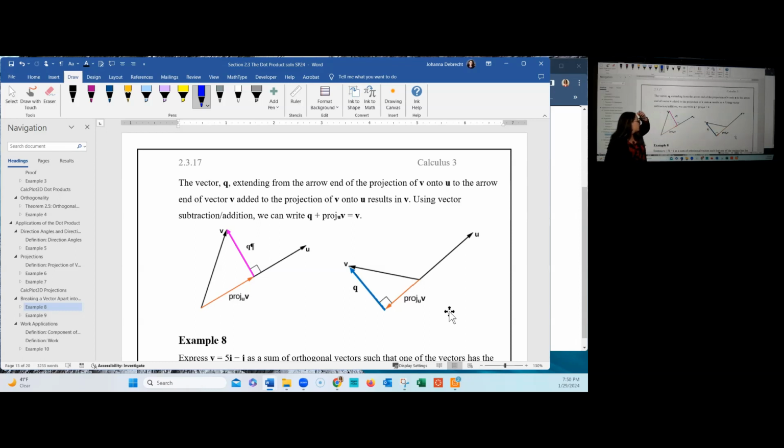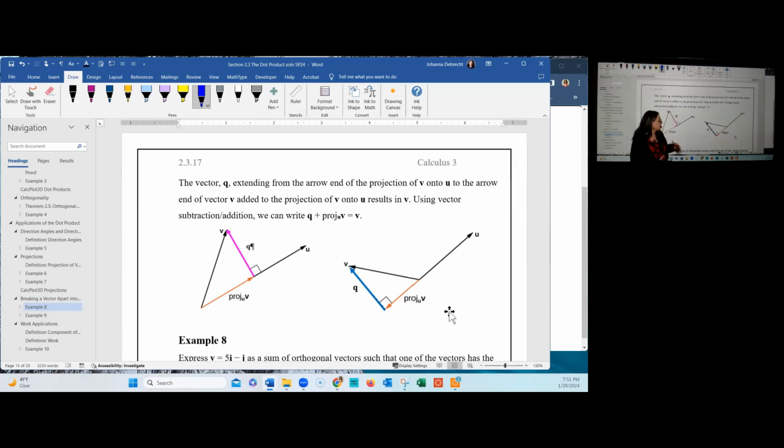So when we're looking at this right here, we can see that if we add the vectors together, note that the projection of V on U starts where both U and V began and points out in this direction. If I add these together, the projection of V on U plus Q should give me V. And it works over here in this case as well. The projection of V on U plus Q gives me the vector V.